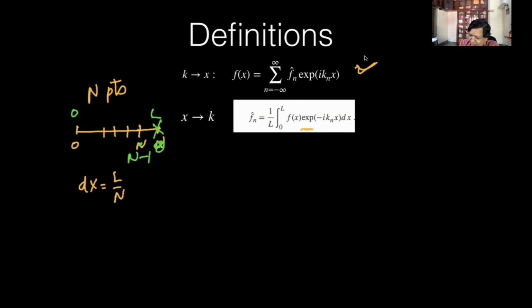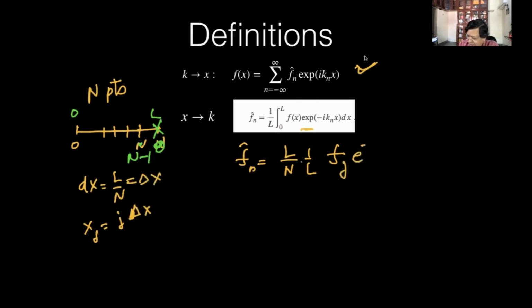So I'm going to substitute it here. So dx will be L by n, and the 1 by L sitting here. So the integral will be a sum over fj, where xj is j times dx. So fj times e to the power minus i kn xj.